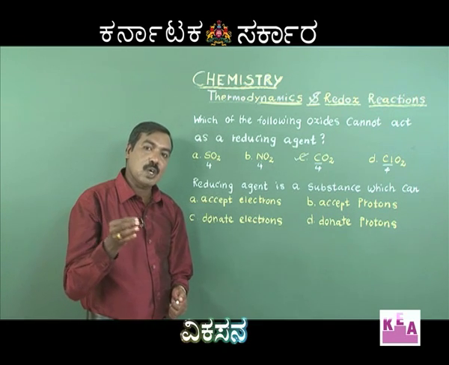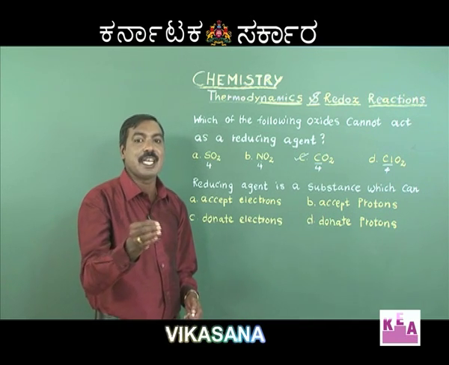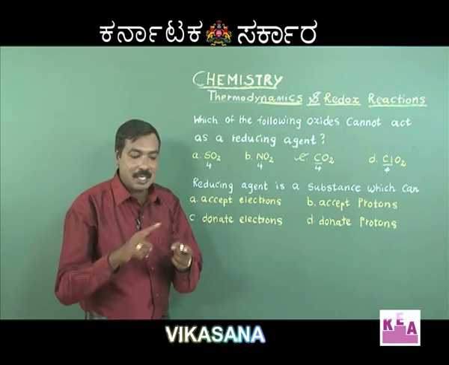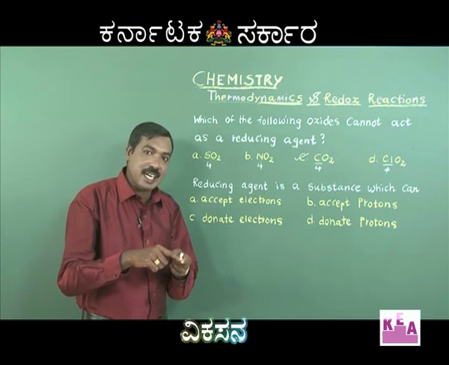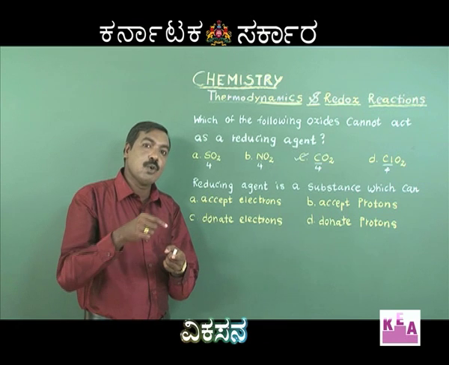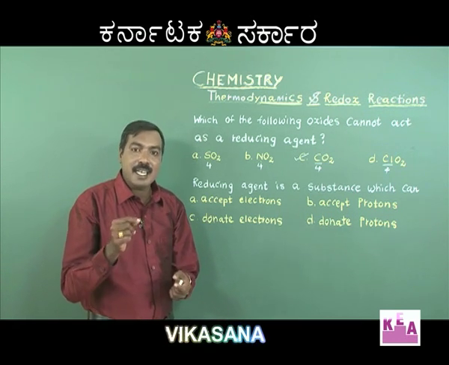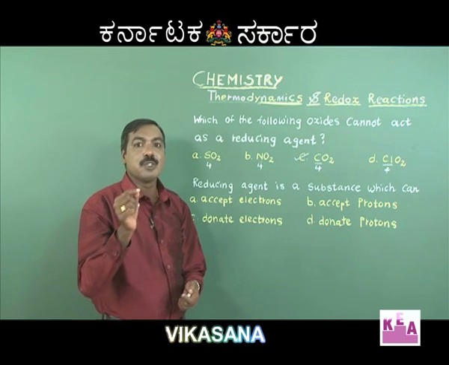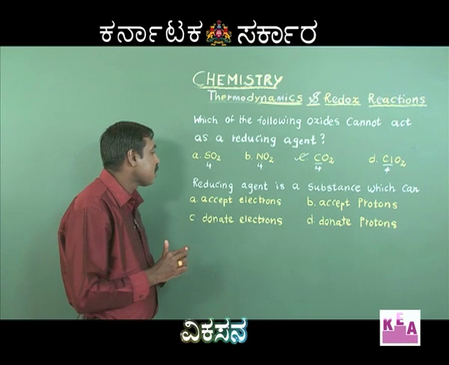That which undergoes oxidation is arguably the best reducing agent, meaning in oxidation, there is loss of electrons, there is gain in charge. That which is undergoing a loss of electrons or gaining in charge can be a very good reducing agent. Keeping these points in mind, let us attempt this.